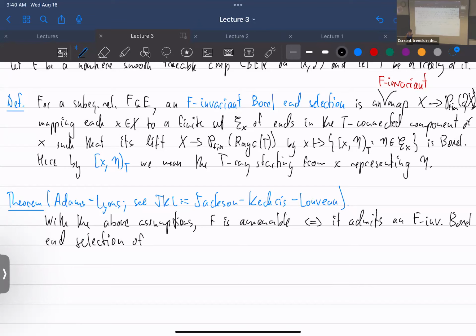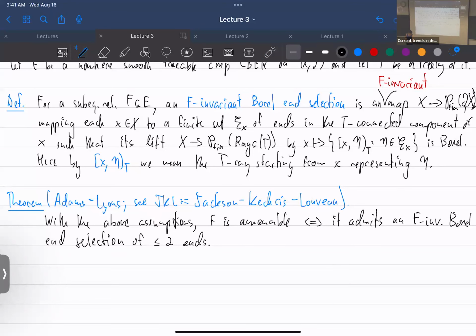In fact, you can make it so that instead of just finitely many ends, you know that it has to be 1 or 2 ends unless some part of F is smooth. So modulo the smooth part, it actually admits at most 2 ends, and on the smooth part you can do whatever. So you can make it a selection of at most 2 ends.